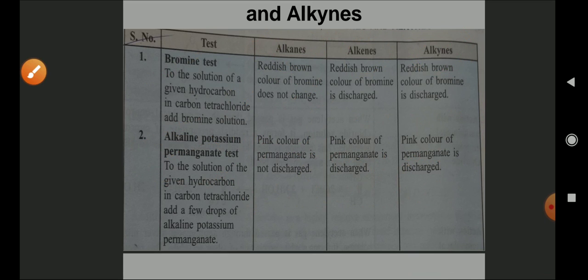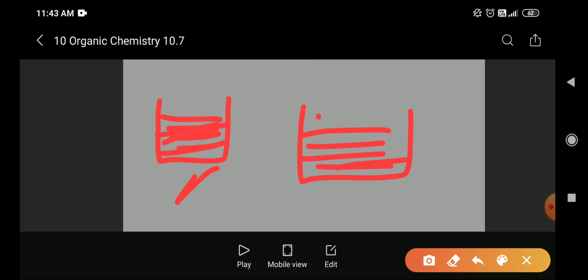So if I have a jar filled with compound A and another jar with compound B, how will I identify whether it is a saturated or unsaturated hydrocarbon?